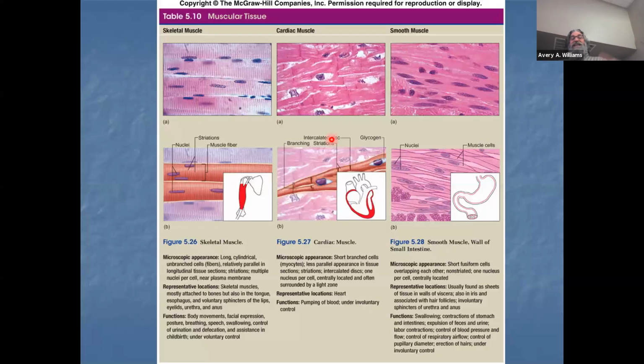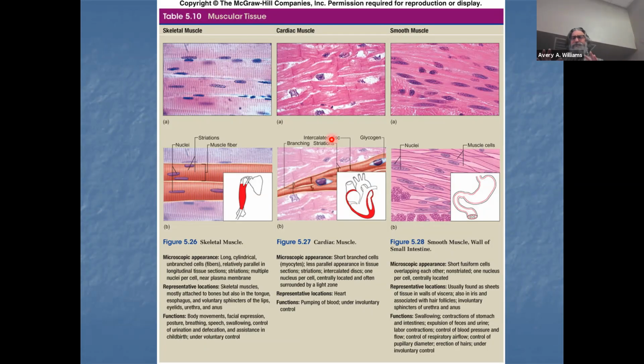The intercalated discs ensure that when any one of the cells is stimulated to contract, all of them contract at the same time. You want that in the heart because you want the heart contracting in unison, so that it's a more optimal contraction for pumping the blood.